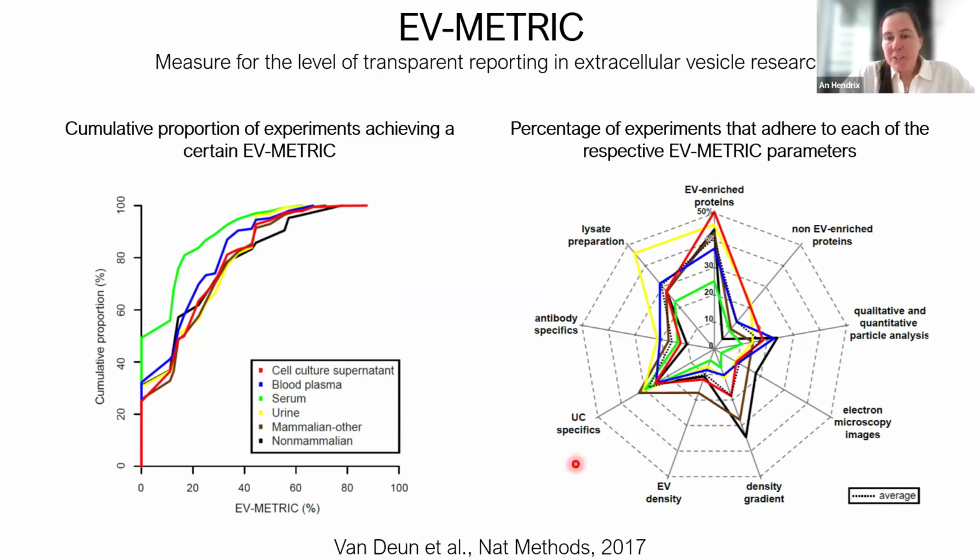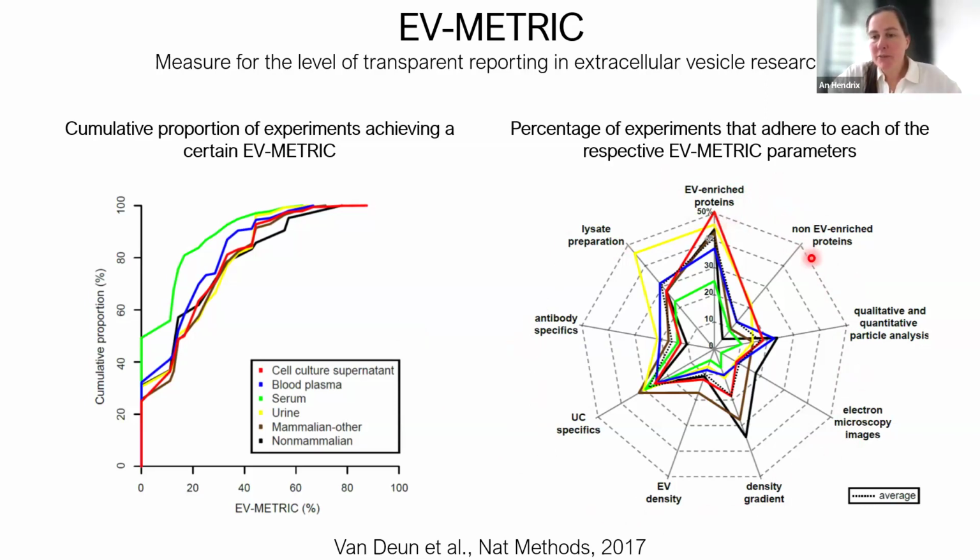In this spider chart, we can visualize the different 9 components, and it really clarifies where there was a lack in implementation or transparency in reporting these 9 components. Overall, most reported and implemented was the analysis of EV-enriched proteins, but still this was only done for 50% of the manuscripts that we analyzed.